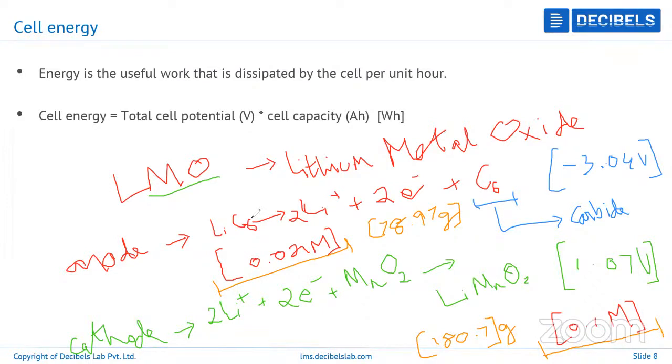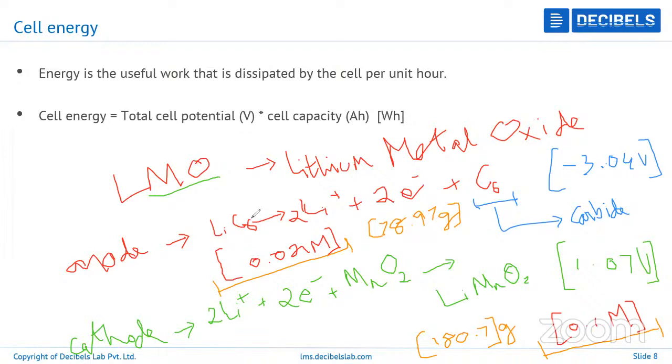K is equal to 5. Any other answers? Another person has E cell as 4.11.